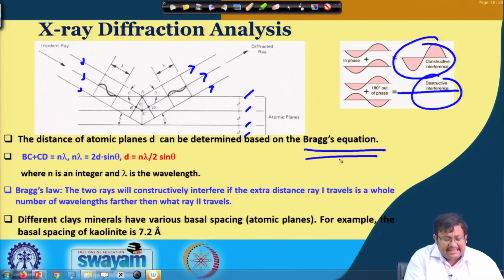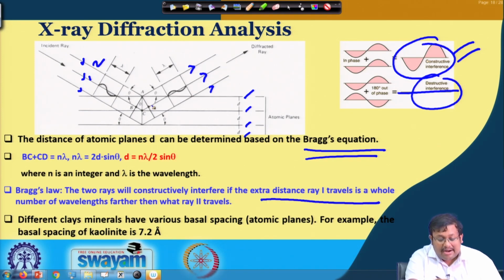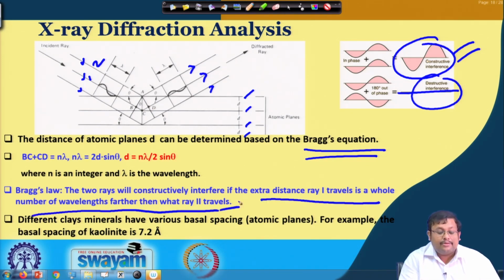Bragg's law says that if this is ray 1 and this is ray 2, the two rays will constructively interfere if the extra distance ray 1 travels is a whole number of wavelengths farther than what ray 2 travels.